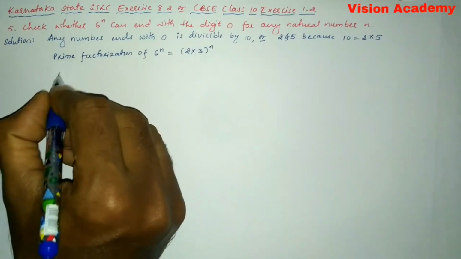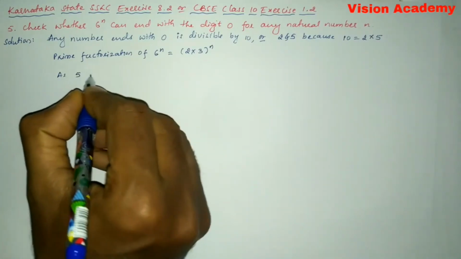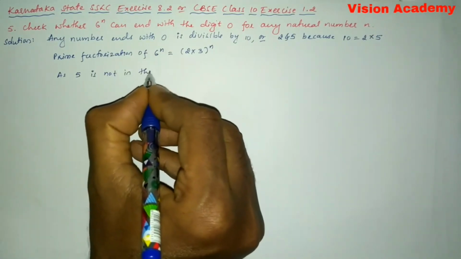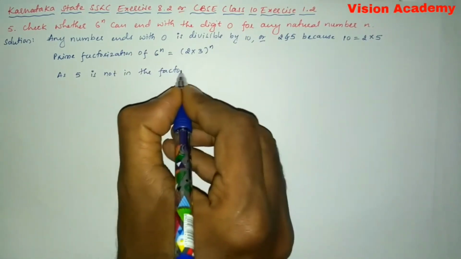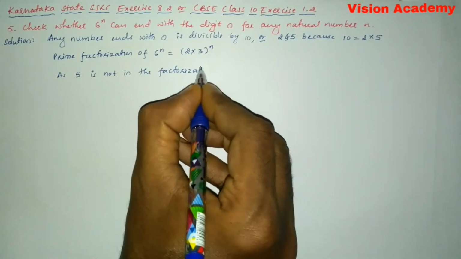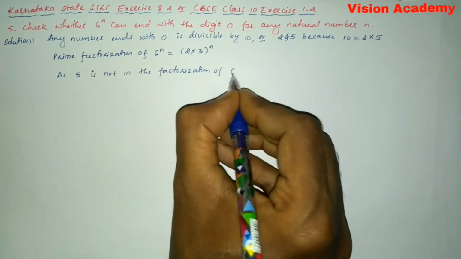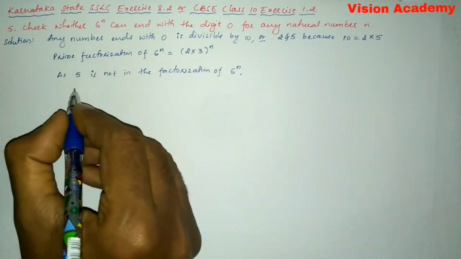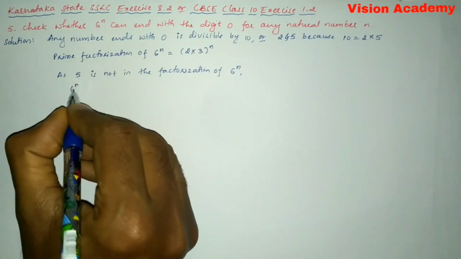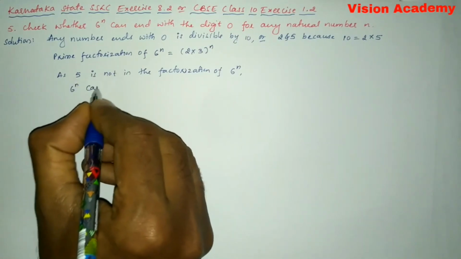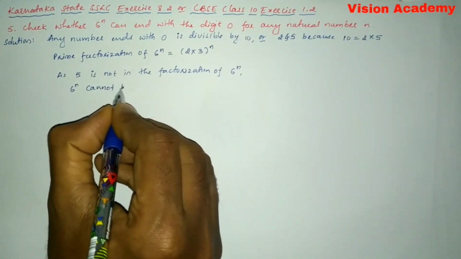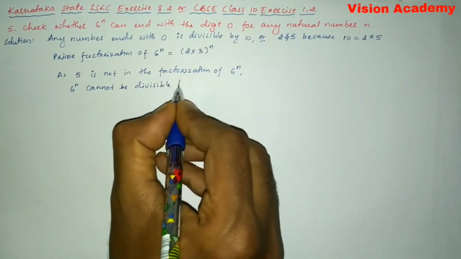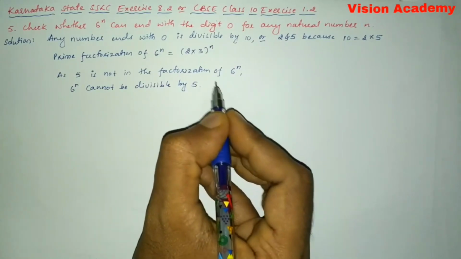Here, as 5 is not in the factorization of 6 to the power n, because 5 is not present here, we can write that 6 to the power n cannot be divisible by 5.